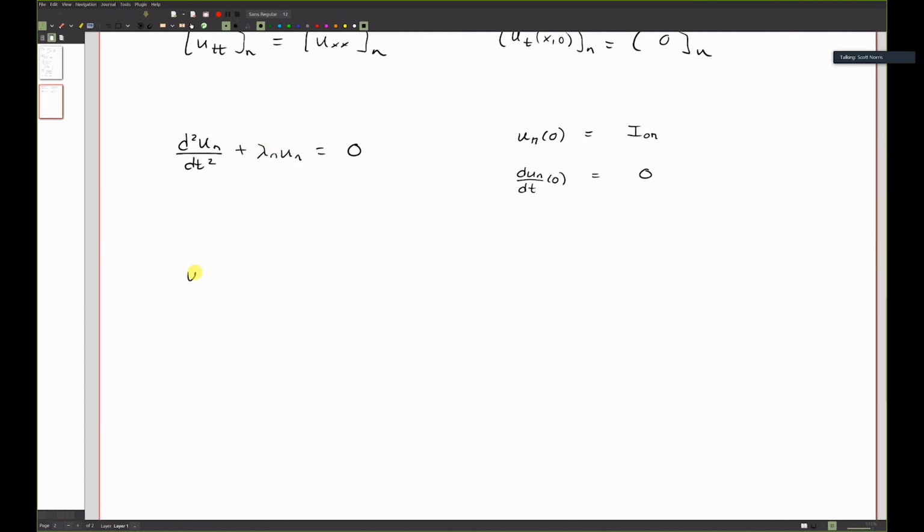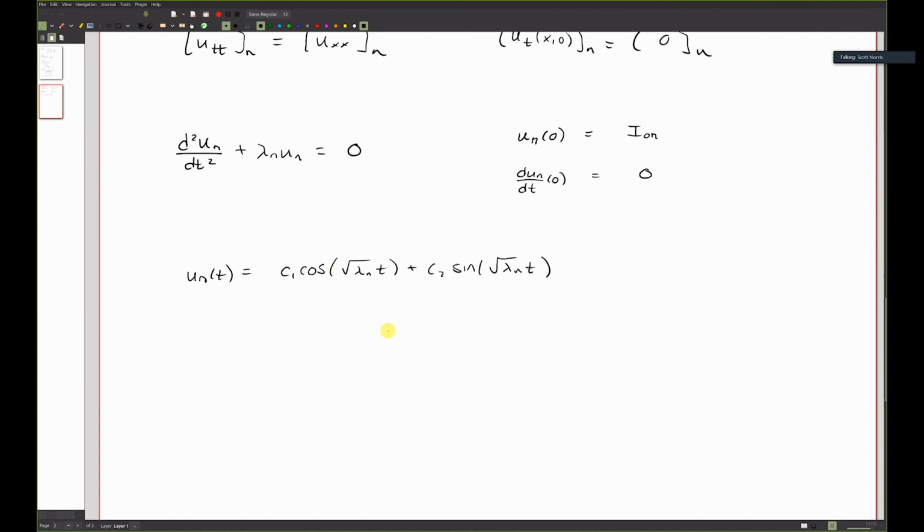And I will get u_n of t equals c1 cosine root lambda n t, this time, plus c2 sine root lambda n t.